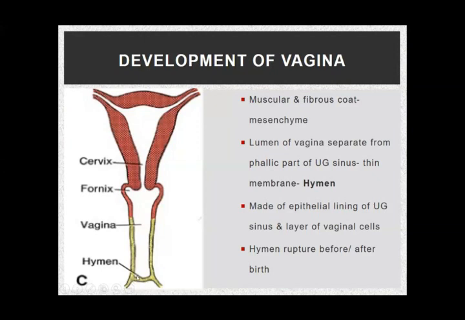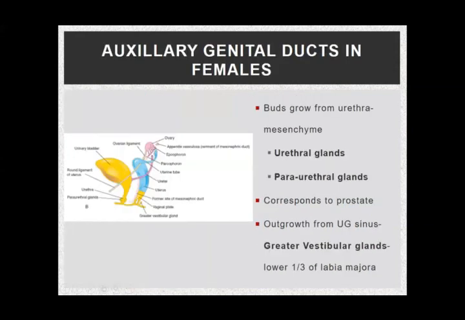So a double two-layered structure here, forming a fold of mucosa. This fold of mucosa then ruptures at the time of birth or after birth, and a continuity between the vagina and the exterior is developed.